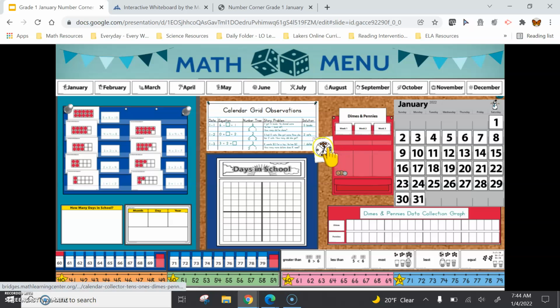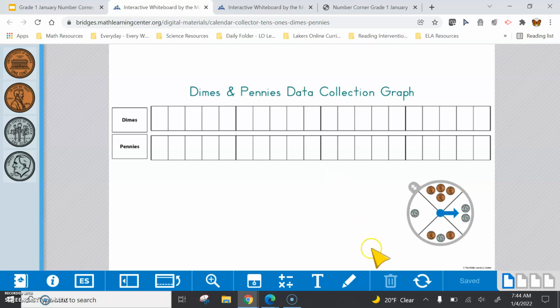The next thing we're going to do is focus on collecting dimes and pennies this month. So we'll spin the spinner, and that will determine what we are collecting each day. Whoa, we have 2 dimes.